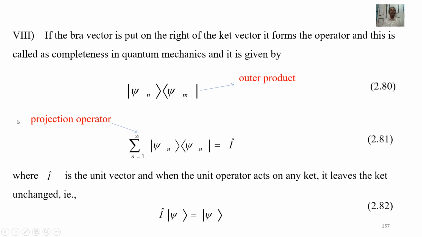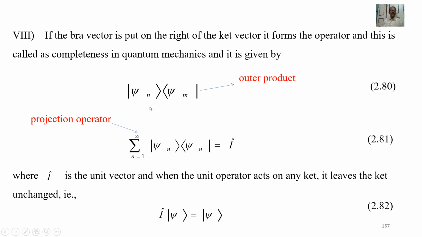If a bra vector is put the other way around, on the right side of the ket vector, it forms an operator, and this is called completeness. So what we call completeness in quantum mechanics is given by this notation: ket psi n with the bra psi m. This is called the outer product.